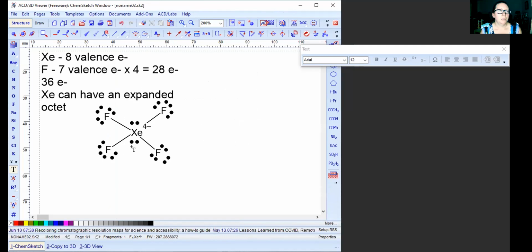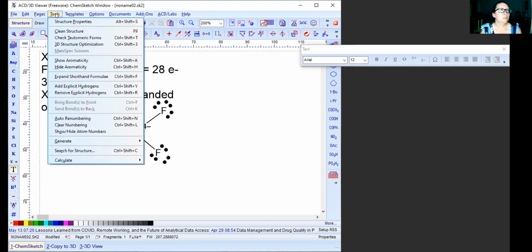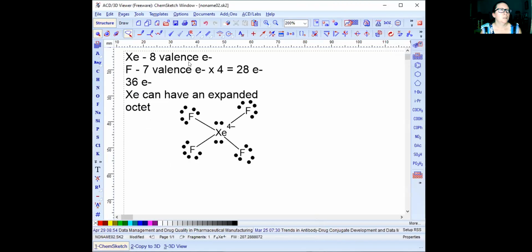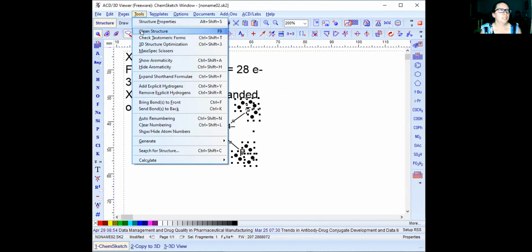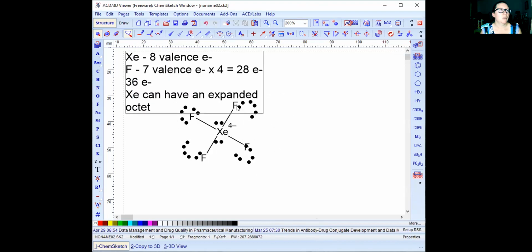And now we can think about what would be the shape of this molecule. So if we select our molecule and go to clean the structure, it's going to make all the bonds the same length, and it's going to square up the structure so it looks prettier.